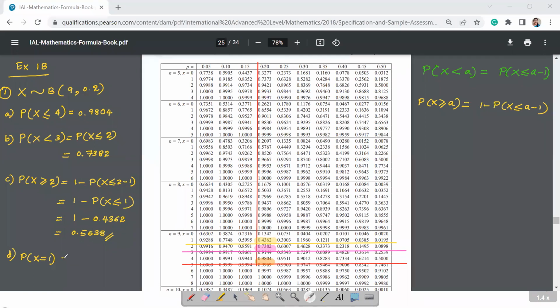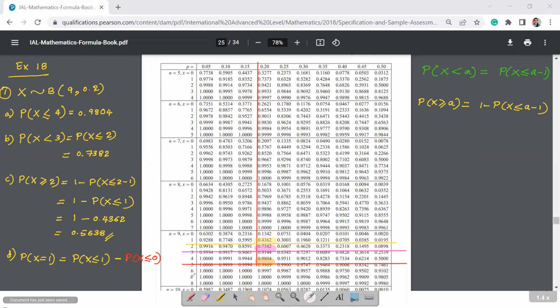If you want to get the probability x equal to 1, first you can get the probability x is less than or equal to 1. And then what do we do? From this, we can subtract the probability of getting x less than or equal to 0.